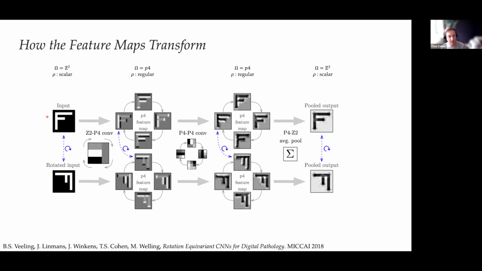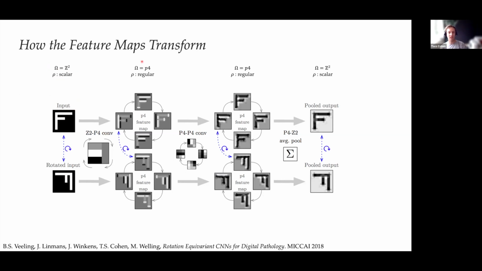And so mathematically, it all works out. Right, so that's our base space omega, and as we'll discuss in more detail later, the way that these feature maps transform is called transforming as a scalar signal. So we have here 1 channel that's a scalar at each position. And if we rotate this channel, we don't have any action on the channels. It's just a rotation as you're used to.